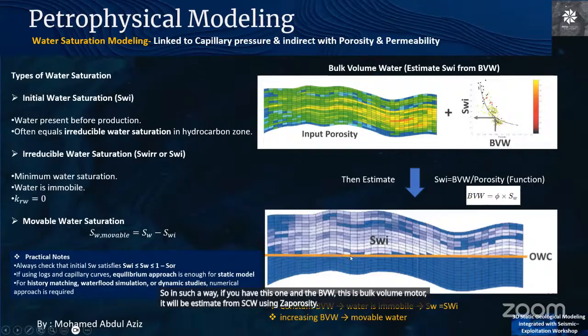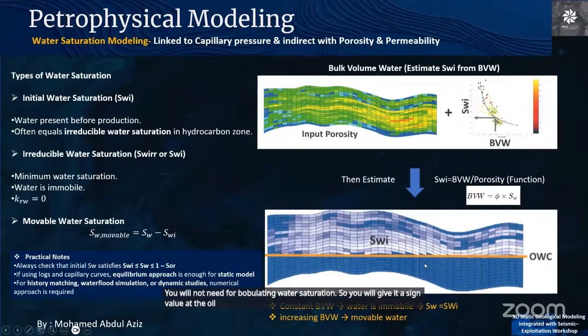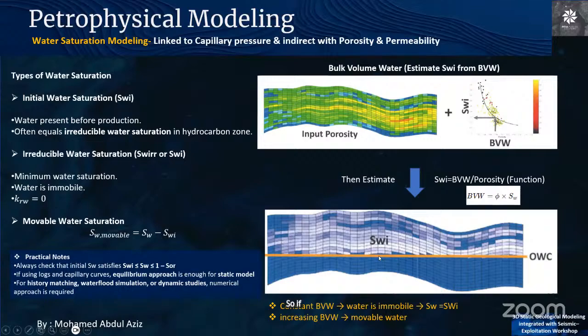If the BVW is constant, you will not need to populate water saturation. You will assign a value at the oil water contact with no need for propagation, which is called the equilibrium approach. You can determine the water saturation from the log and the capillary curves.